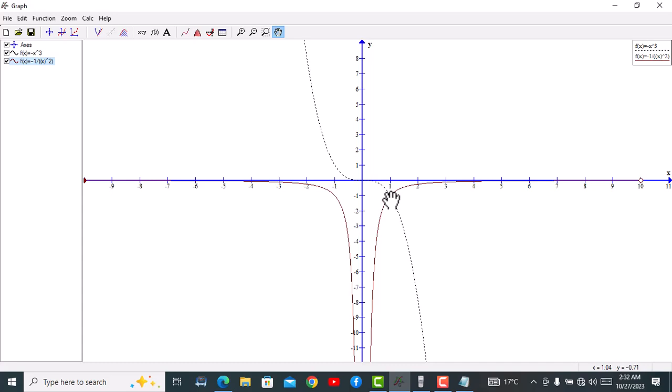There it is. When x is 1, negative 0.71, we have that point there, right? And I know that point corresponds with a point on this side. I know that when x is 1, let's check very quickly.